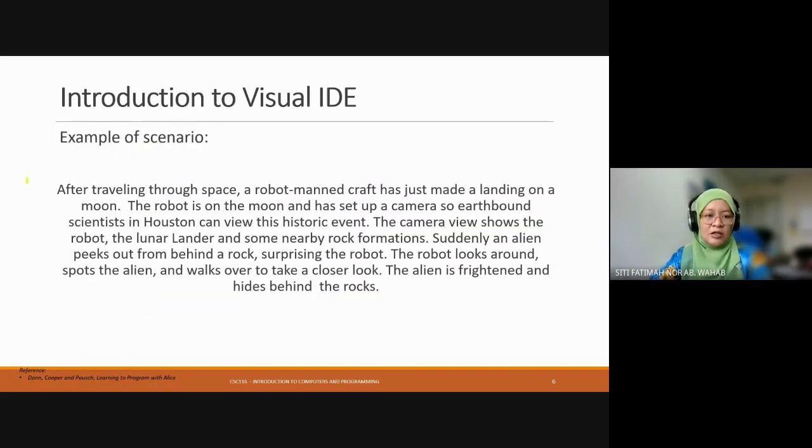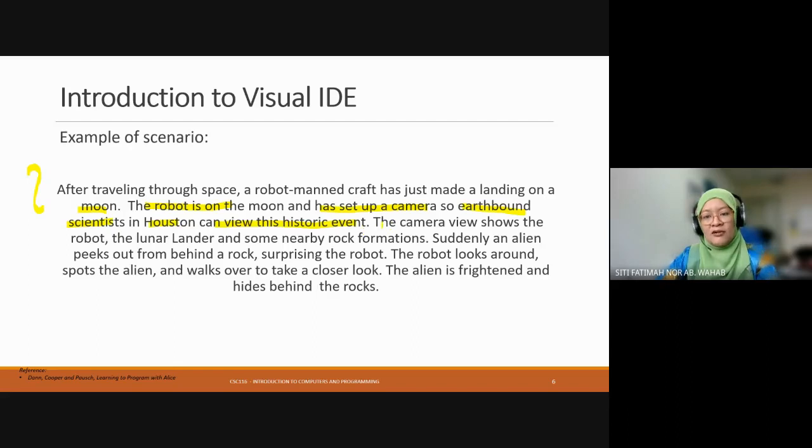Example, okay, dekat sini ada satu scenario. After traveling through space, a robot main craft has just made a landing on a moon. Okay, the robot is on the moon. It has set up a camera. So, earthbound scientists, kita yang dekat bawah ni ada scientist ni, in Houston can view this historic event.